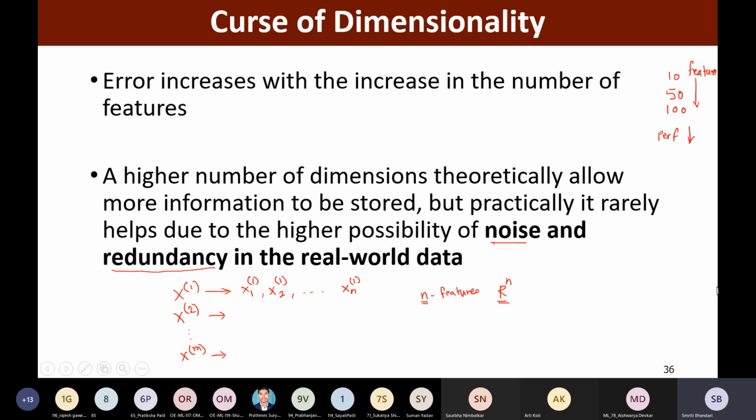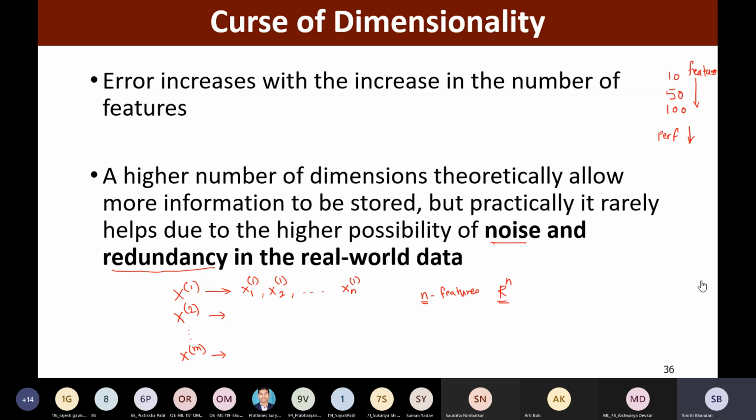Even though we feel that if we have lots of features, we are storing more and more information, and that might help us improve the performance of our model, practically it does not really help.